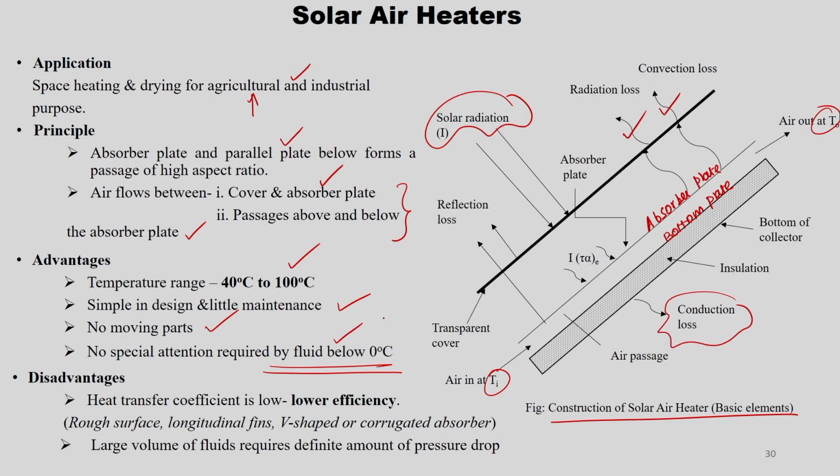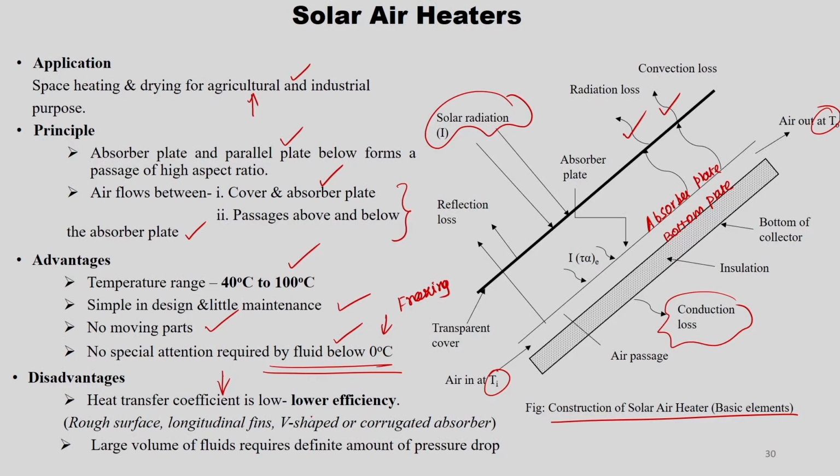Why is it? Because freezing happens if we use water. There we are supposed to use anti-freezing material, or if you are using anti-freezing mixtures, then you need to frequently change the fluid, right. Here that is not required.